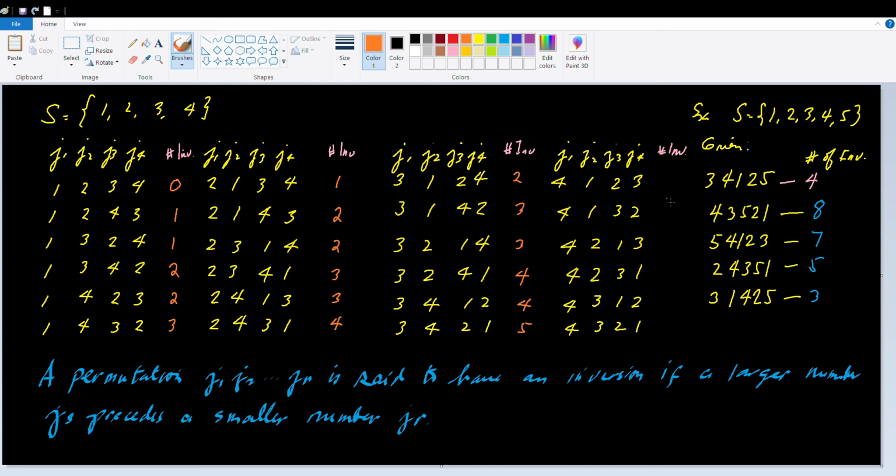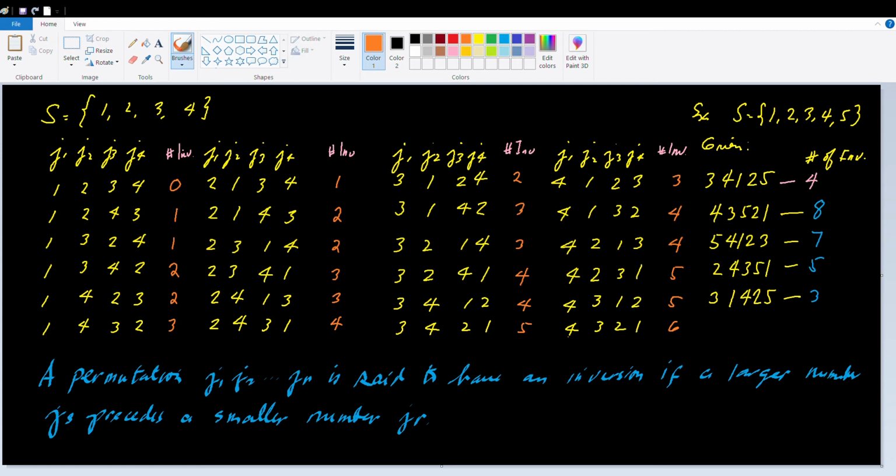Down to the last set of permutations, 4, 1, 2, 3. 4, 1, 2, 3, that will be 3. 4, 1, 3, 2, that will be 4. 4, 2, 1, 3, that will be 4. 4, 2, 3, 1, that will be 5. 4, 3, 1, 2, that will be 5. 4, 3, 2, 1, that will be 6.